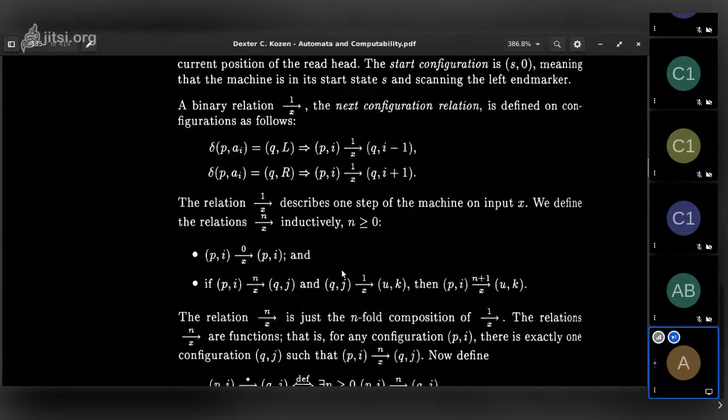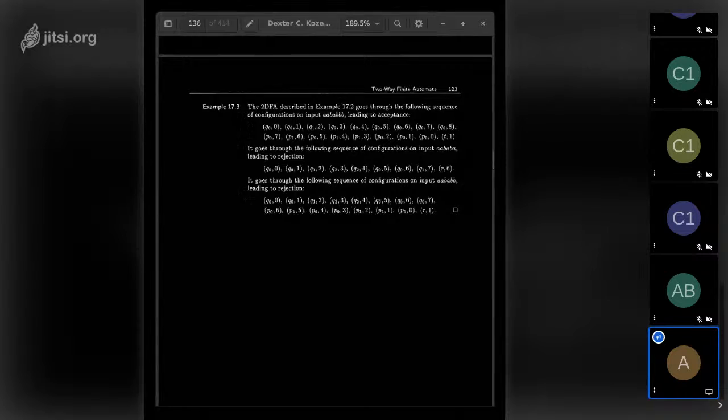We'll explain the same for the example we have discussed, that is, the automaton which accepts the language where the number of A's is a multiple of 3 and the number of B's is a multiple of 2. Okay.